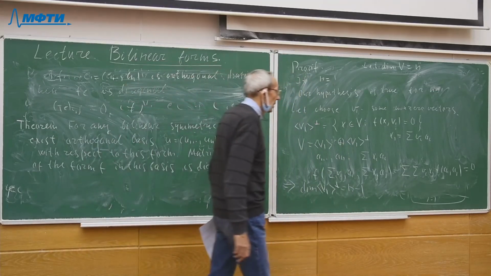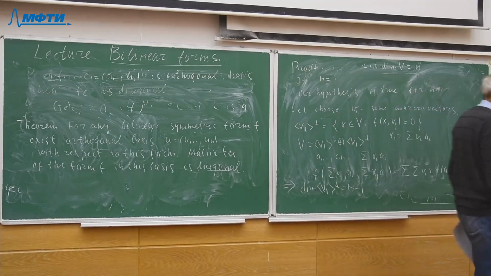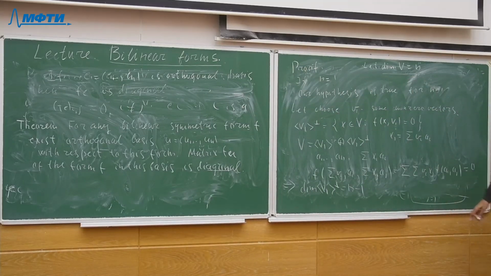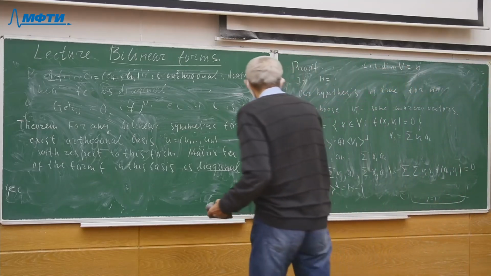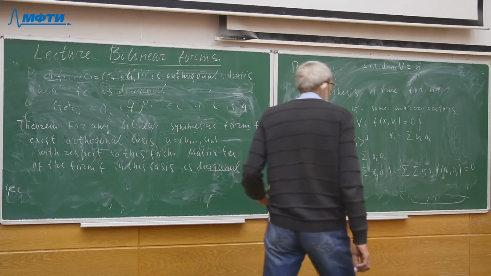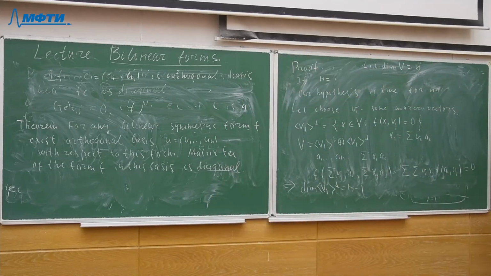After that, we can use our hypothesis: in this vector space there exists an orthogonal basis u2, ..., un by induction.